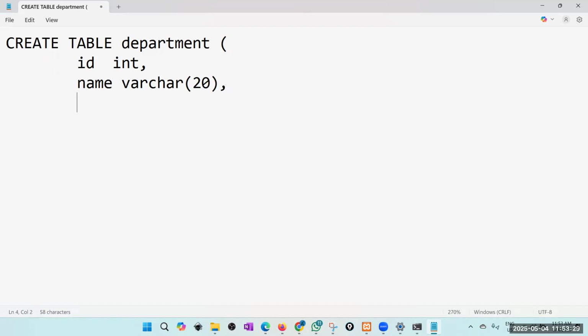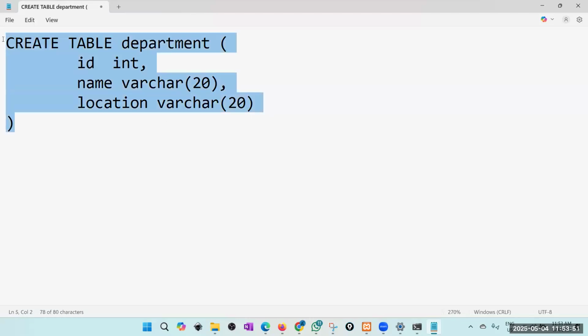And maybe location. I'll say again varchar, say again 20. And because this is my last field, I will not have any commas. And this is my create table. Of course, if you want these things also, you can make capital, but I just make it simple, okay?